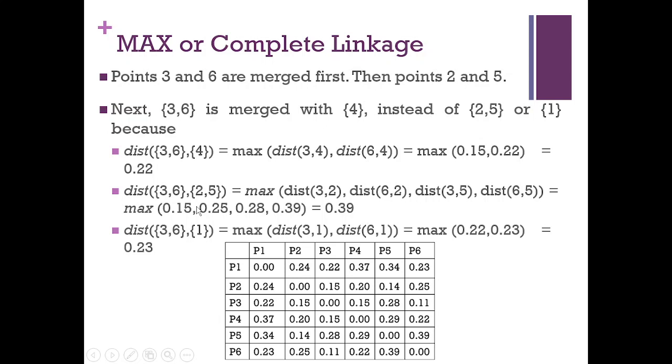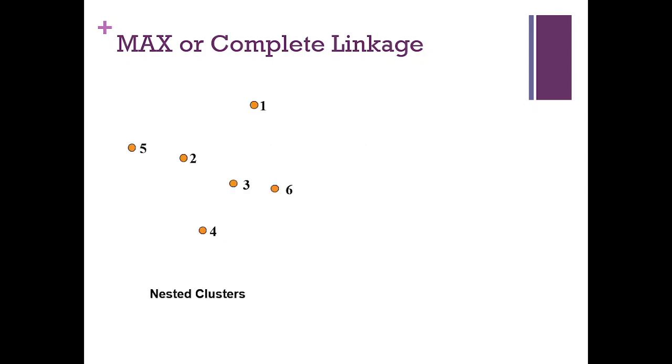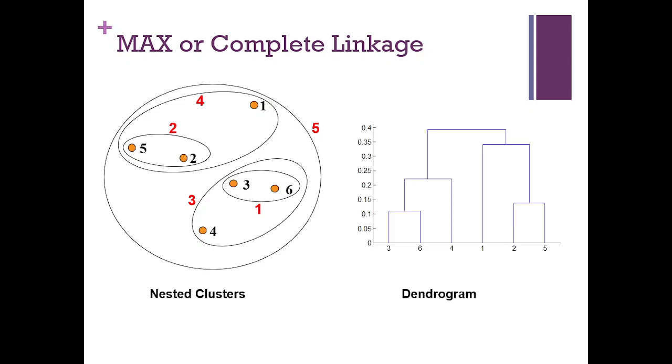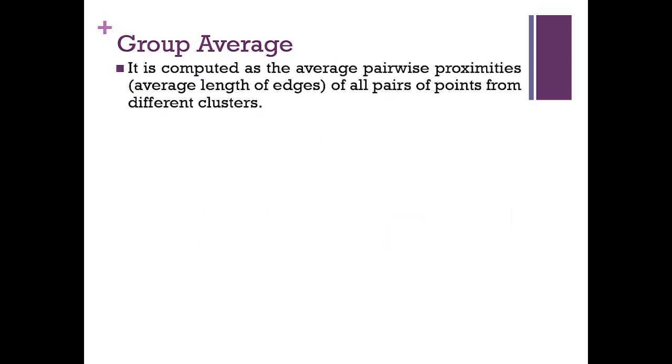Now in this max or complete linkage, first we'll merge 6,3, then 2,5, then 3,6 with 4, then 2,5 with 1, and then the whole set, also shown as a dendrogram.